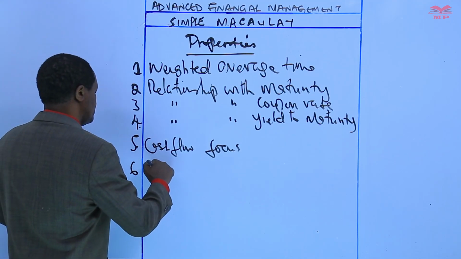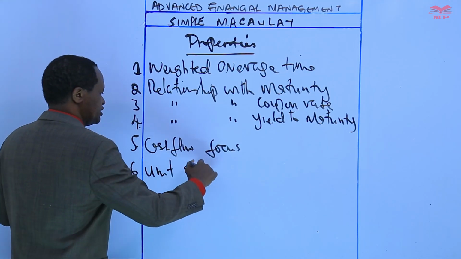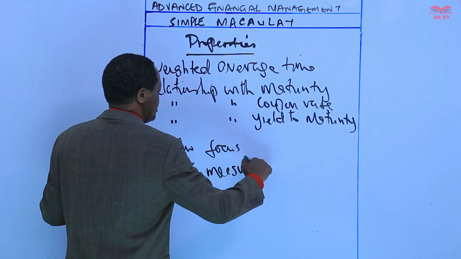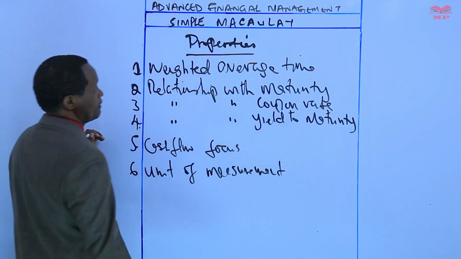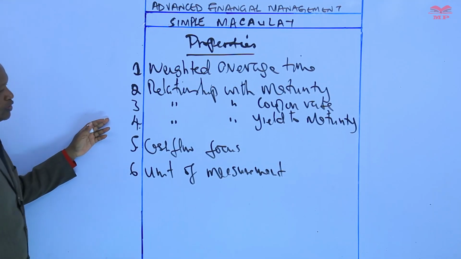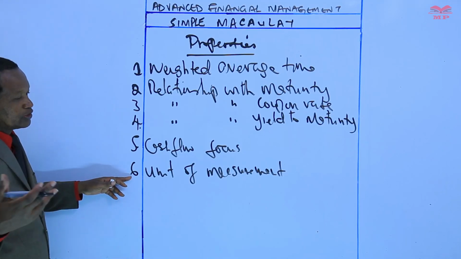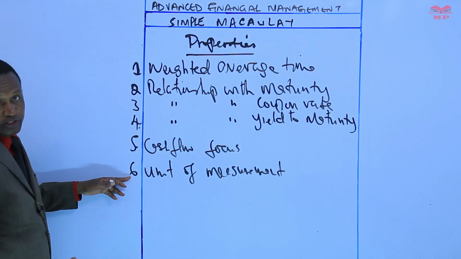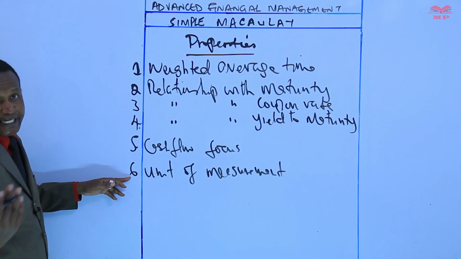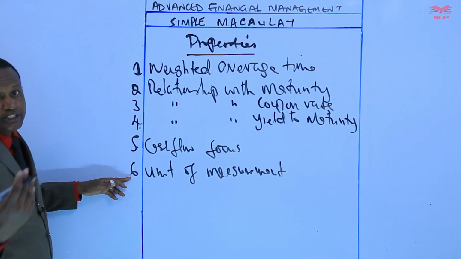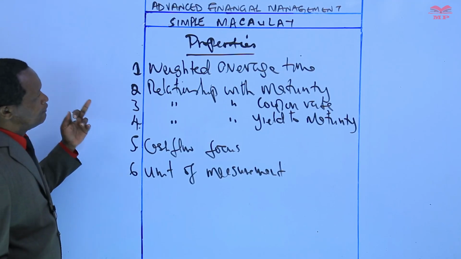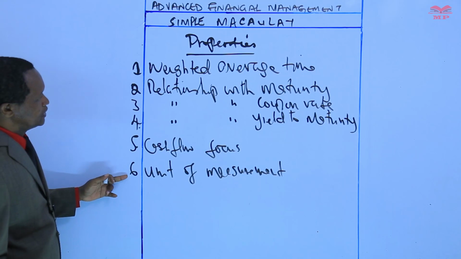Number 6, unit of measurement. We can describe the property of a simple Macaulay duration by looking at the unit of measurement. Macaulay duration is expressed in units of time, typically years. So these are 5 plus 1 properties.